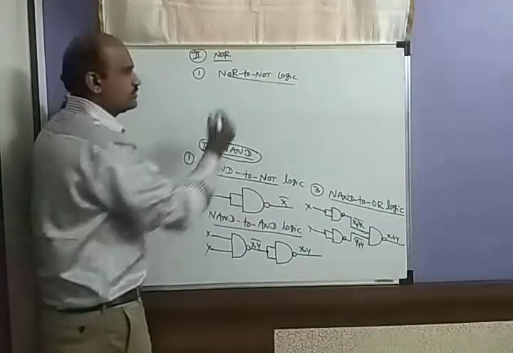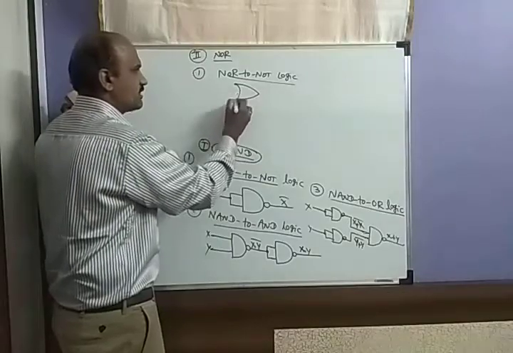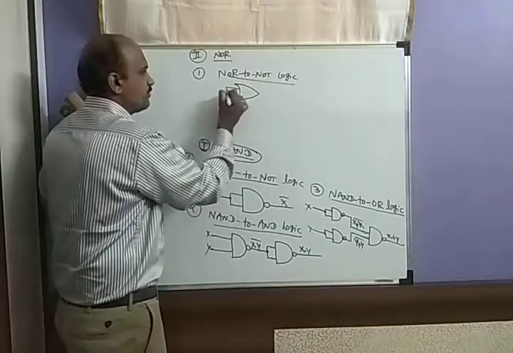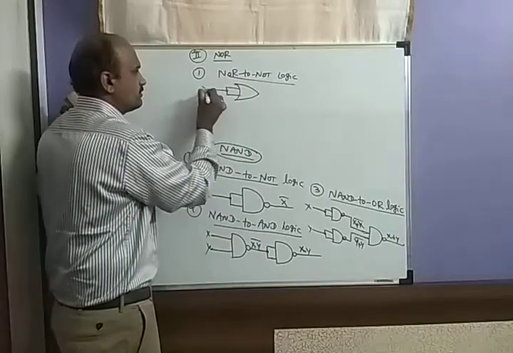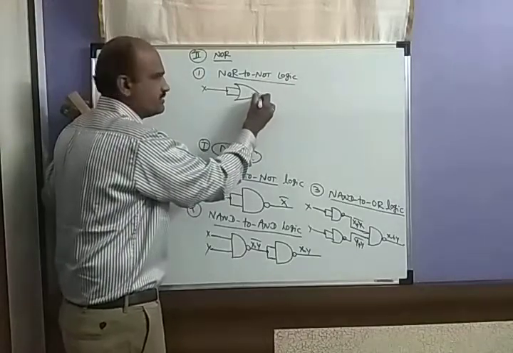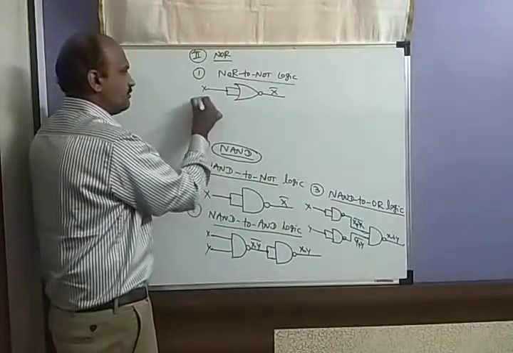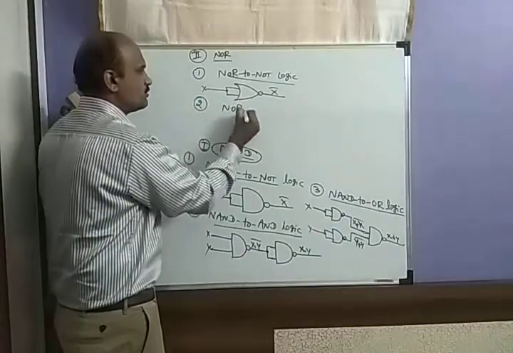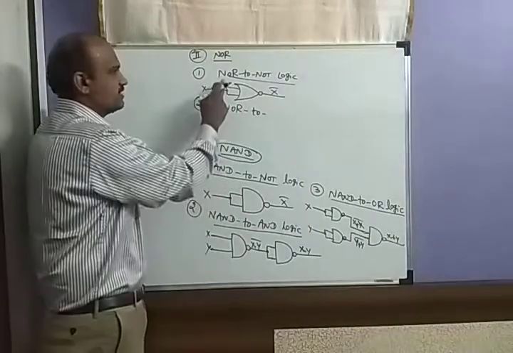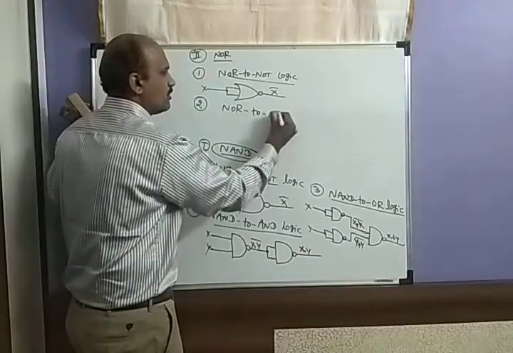It is very simple. You write the OR gate, because NOR combines with OR. There is again only one input and one output, so you write it like this. Same as NAND to NOT, it is NOR to NOT. And now NOR to OR we will write.